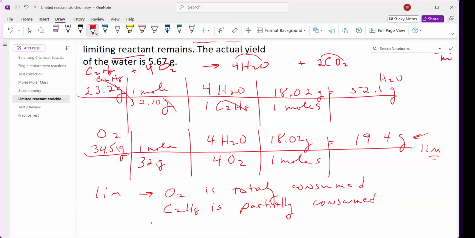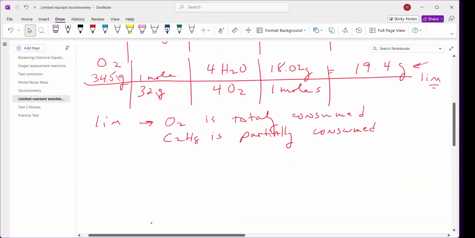How much is that? So what we're going to do is start with the limiting reagent, to find how much ethane is used.